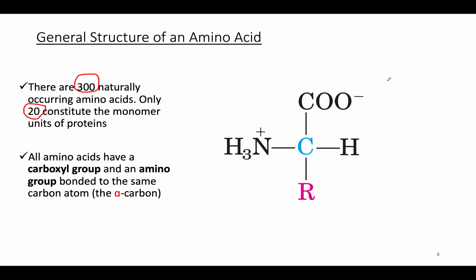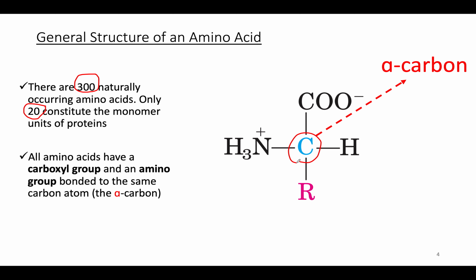Now, on this part of the slide, we have the general structure of an amino acid. You can see here each amino acid has a carbon atom, and we call this the alpha carbon. Now, what is the alpha carbon?